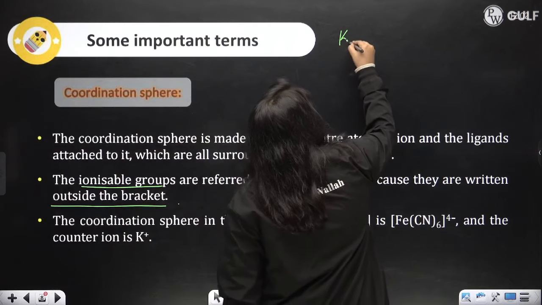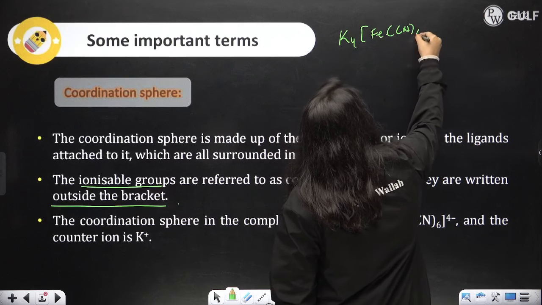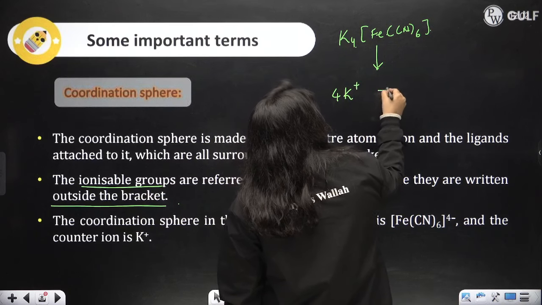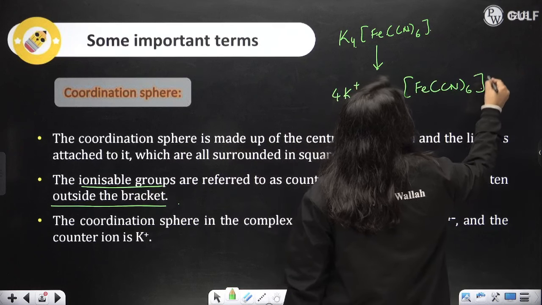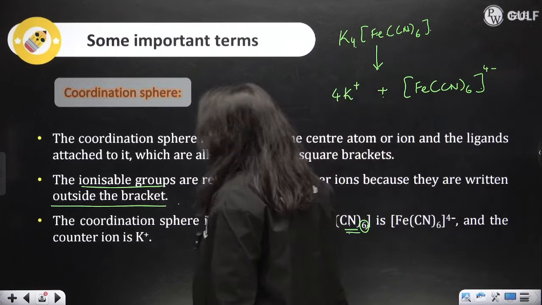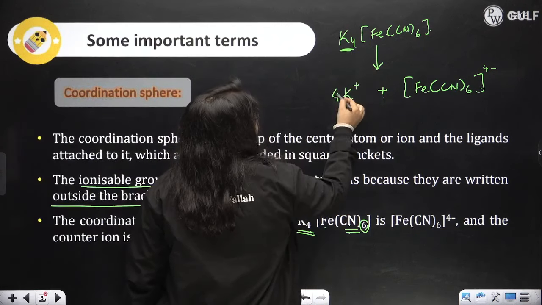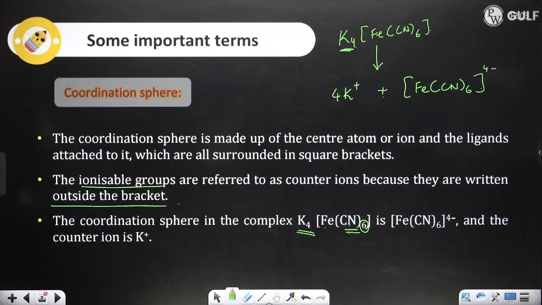K4[Fe(CN)6] ionizes in water to give 4K+ ions plus [Fe(CN)6]4-. So this becomes a counter ion because it is ionizing. Everything that is present within the square bracket is not eligible for ionization. It does not ionize.